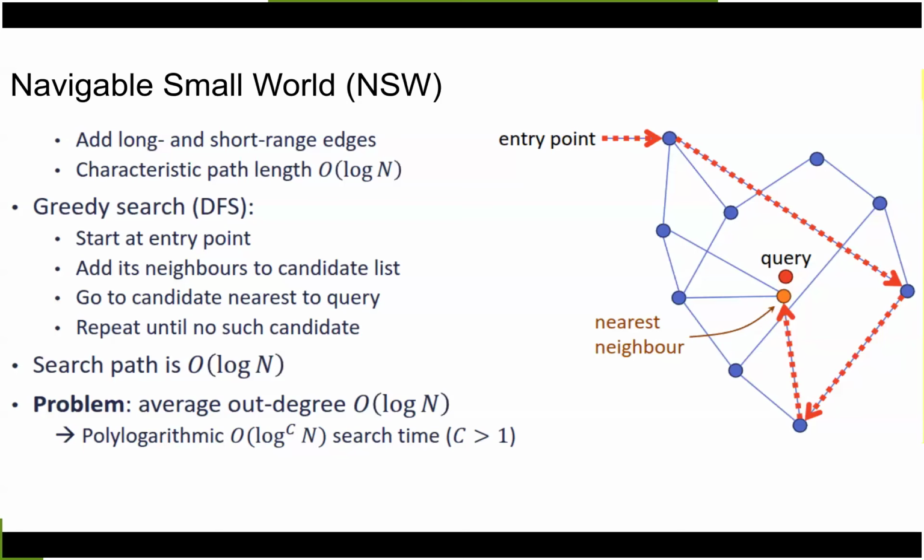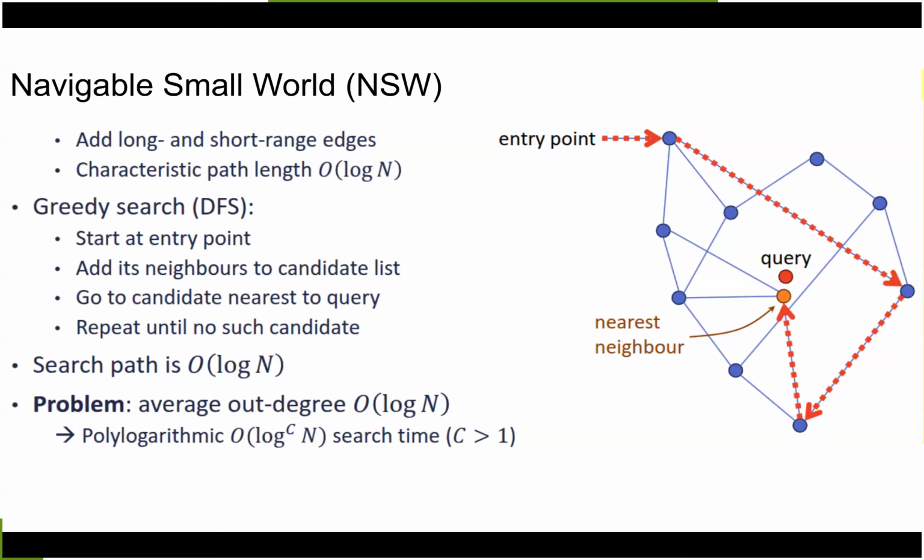So you need to connect most of the edges of each node to its nearby vectors. But at the same time, you want to connect some edges to farther away vectors, because you want to traverse your graph very efficiently.